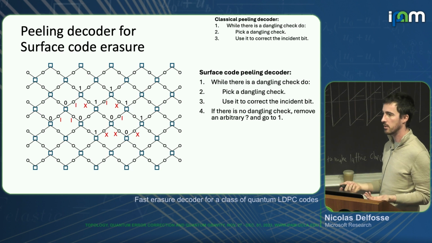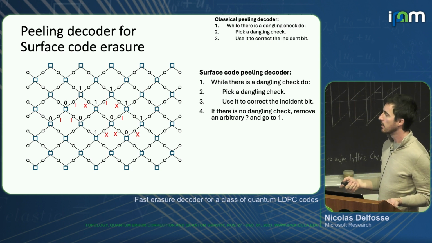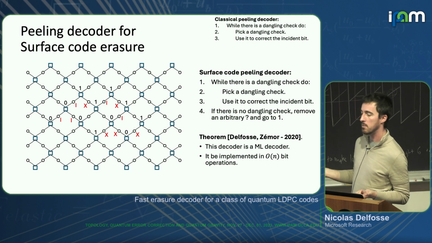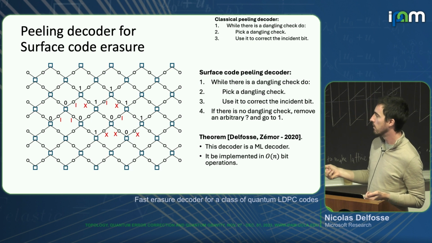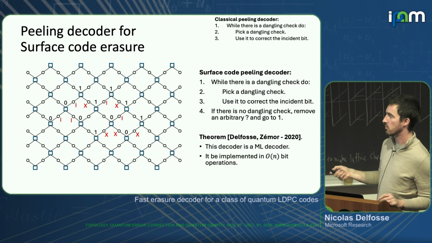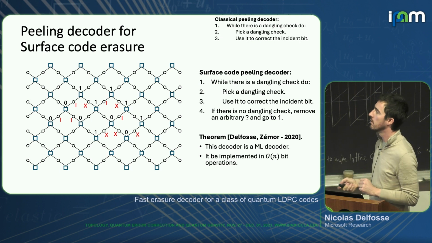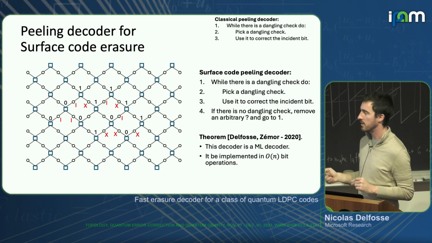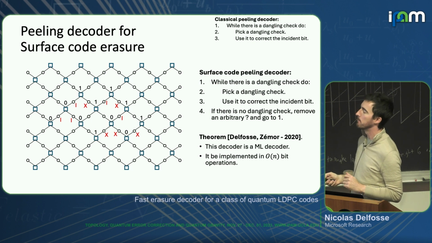I'm going to find a correction inside the erasure. And we can prove that it's an ML decoder, and it can be implemented in linear time. And a better implementation, I would say, is to use a spanning tree of the set of erased qubits. I will barely comment on that at the end.